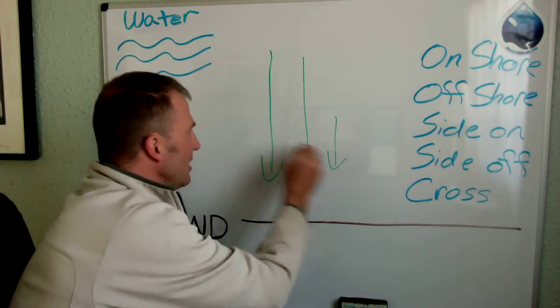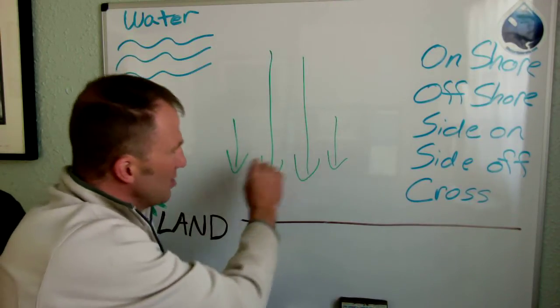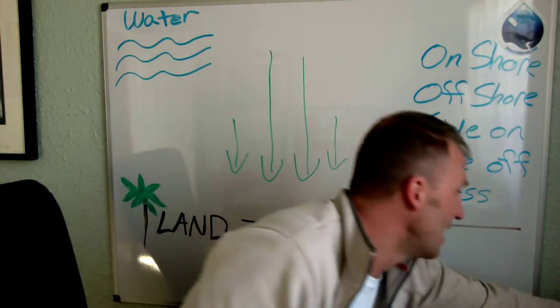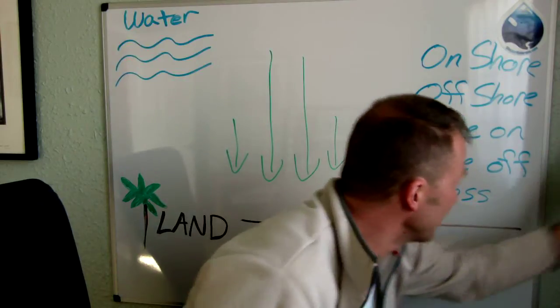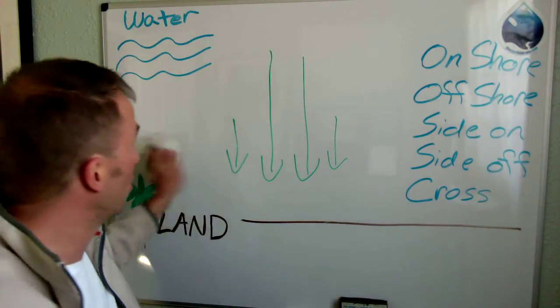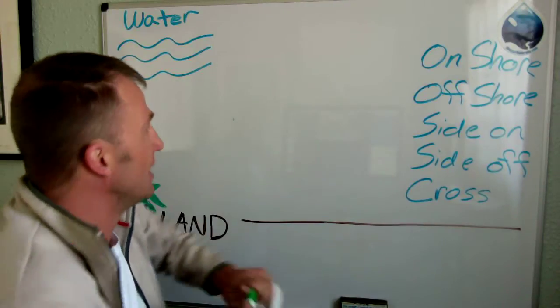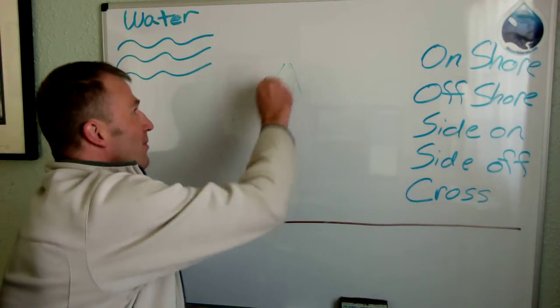It's just coming in, small gusts, big gusts, and we'll talk about gusts, thermals, and stuff like that here in just a minute. But just to get the basic fundamental across, there's onshore wind, and as you can guess, the offshore is going to be wind that's taking you out.